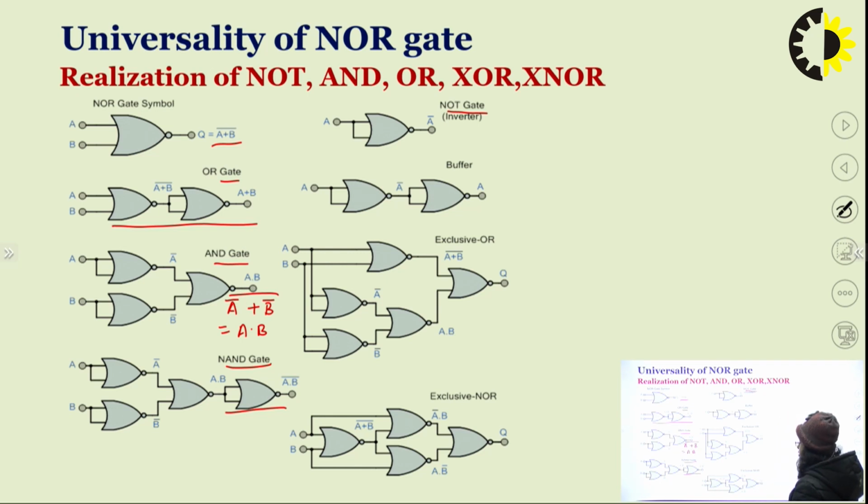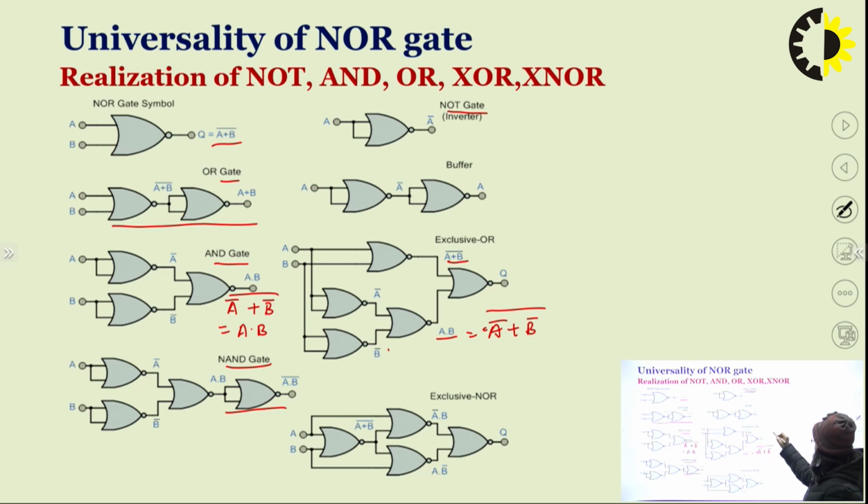Now as for exclusive OR, this output is (A plus B) bar, this is A bar B bar, and then A bar B bar plus B bar whole bar, that is AB.